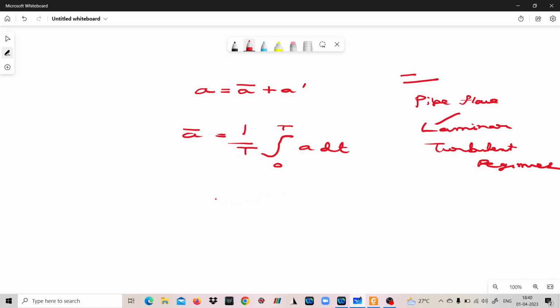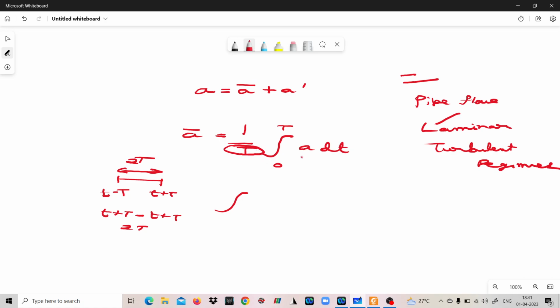Or this can also be written as, say our time interval has length capital T, from t minus T to t plus T. So what is the length of this interval? It is t plus T minus t plus T, so twice T. So this T basically signifies the length of the time interval.